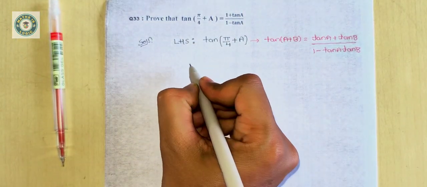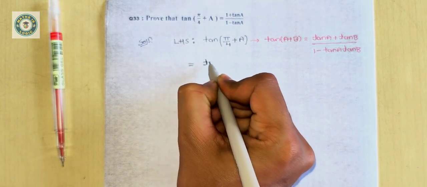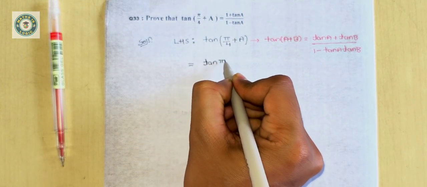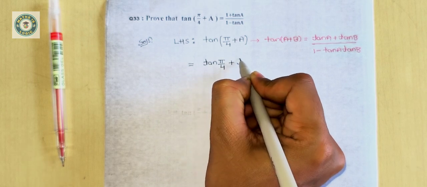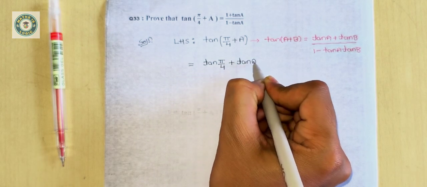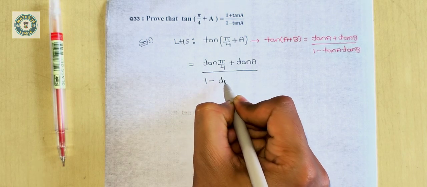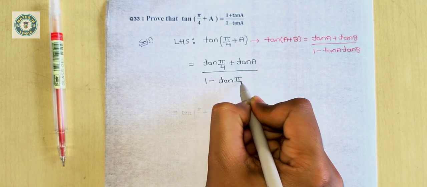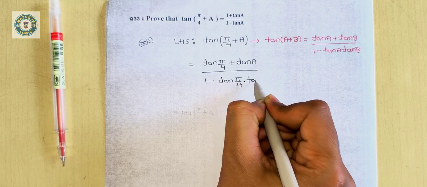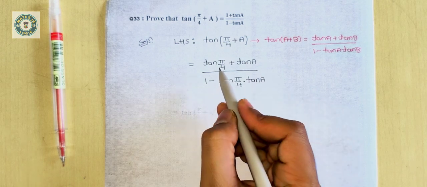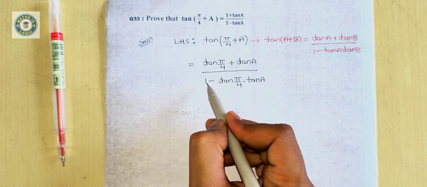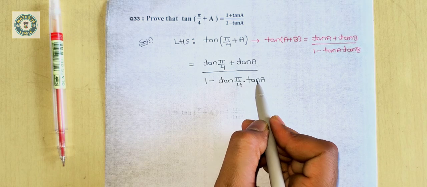Therefore, which is equal to tan pi by 4 plus tan A divided by 1 minus tan pi by 4 into tan A.